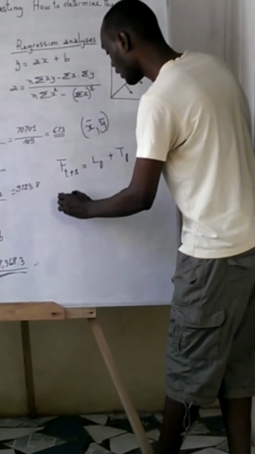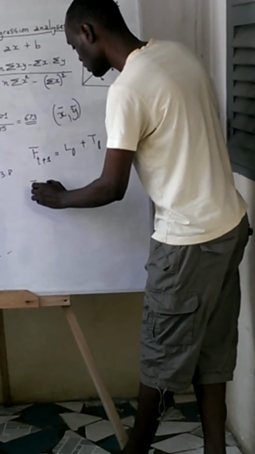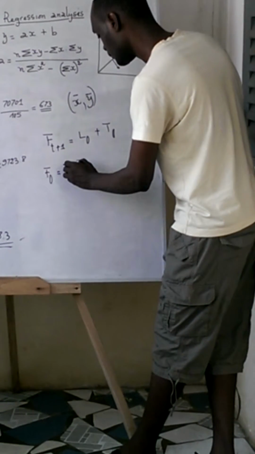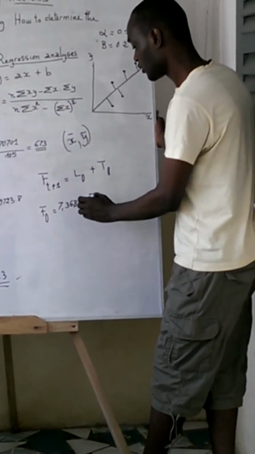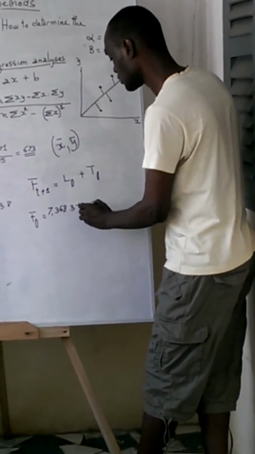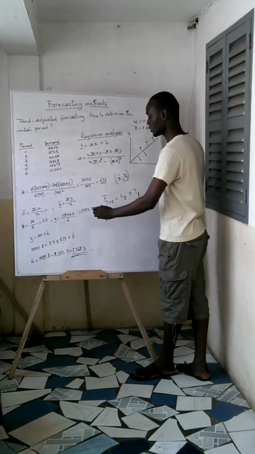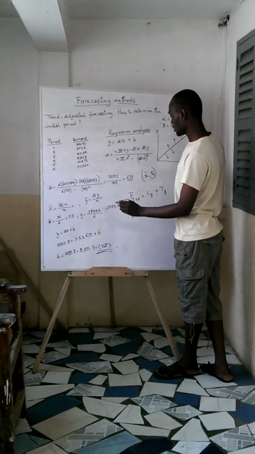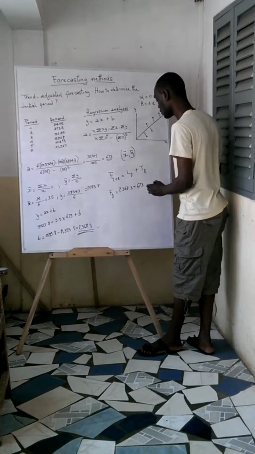So our forecast for period 0 is equal to 7,368.3 plus the trend for period 0, which is right here, 673.